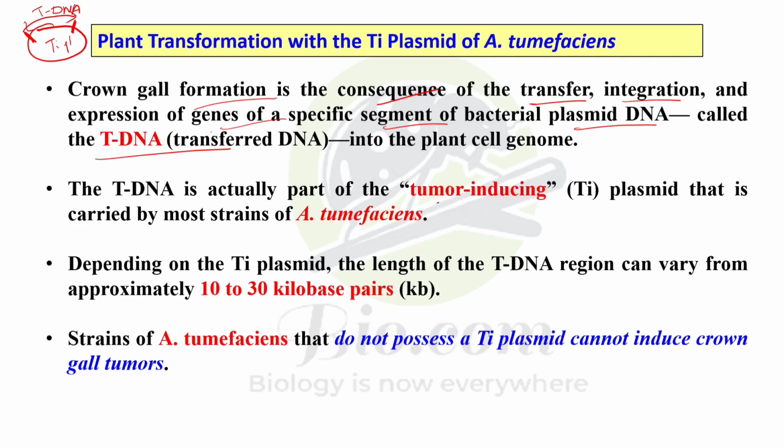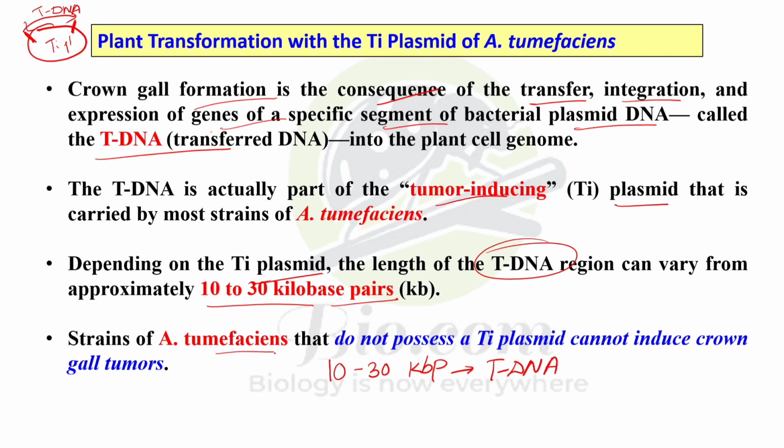So this is the tumor inducing plasmid which is carried by most strains of A. tumefaciens. Depending on the TI plasmid, the length of the tDNA region is approximately 10 to 30 kilobase pairs. So you have to remember the tDNA is 10 to 30 kilobase pairs. Apart from that, strains of A. tumefaciens that do not possess a TI plasmid cannot induce crown gall tumor.